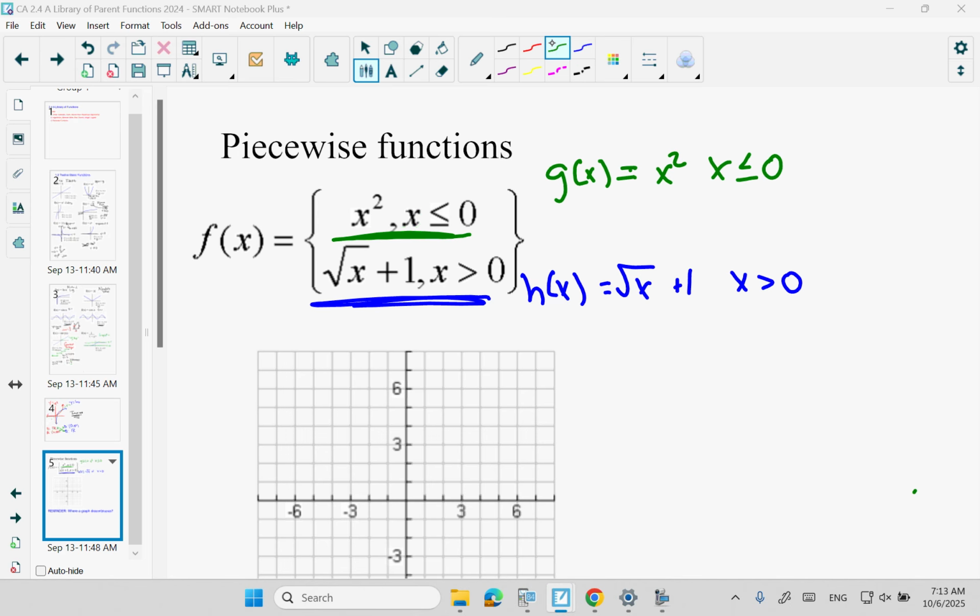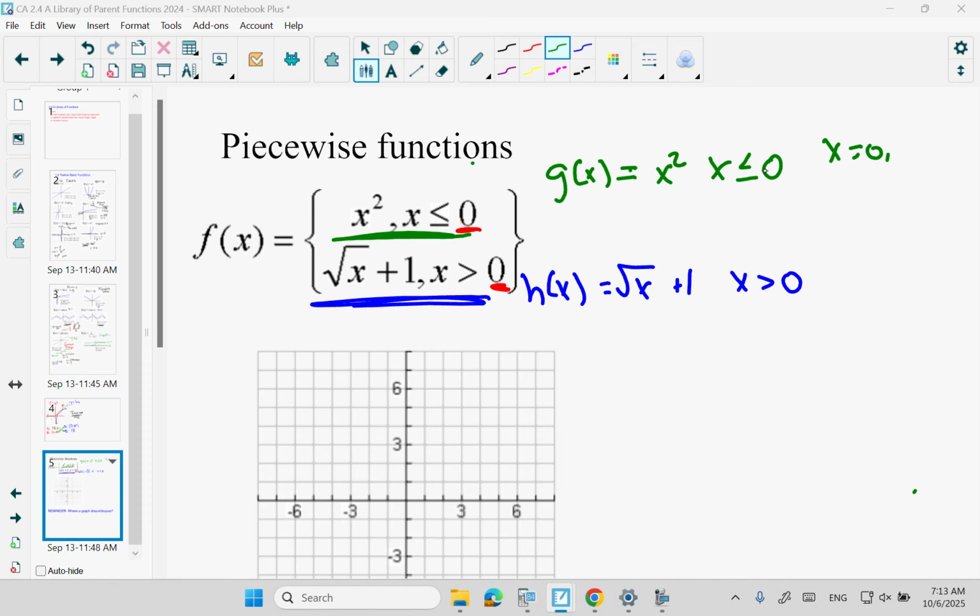So when graphing piecewise functions, I would try to get two coordinates along with the coordinate in conflict. So what do I mean by that? The coordinate in conflict here is 0, because 0 shows up for both. So I want to use 0 for both equations. So I'm going to use x equals 0 for this one. And then I want to use two more that qualify.